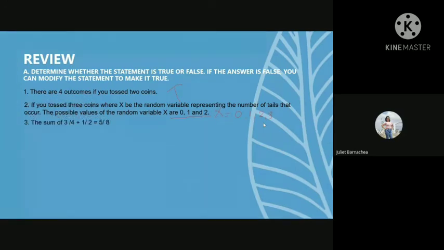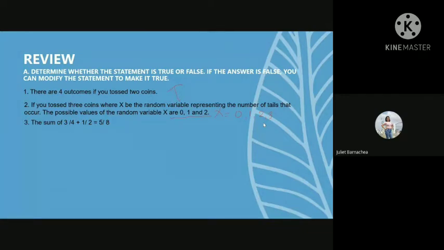The sum of 3/4 plus 1/2 is equal to 5/8. True or false? Go ahead, compute whether that is true or false.